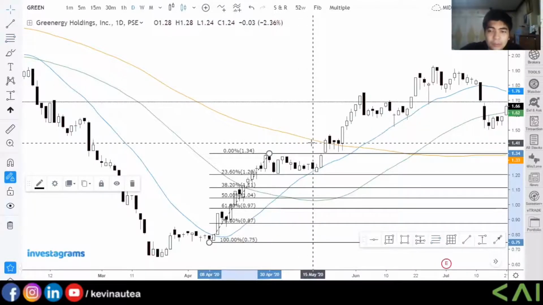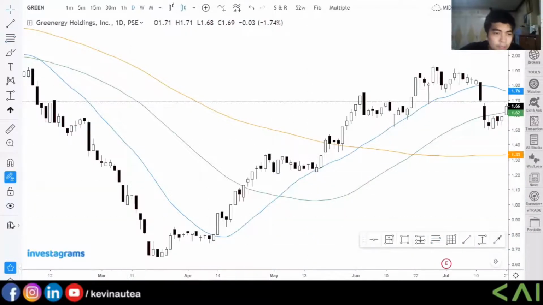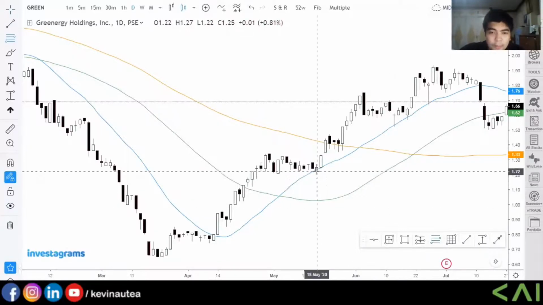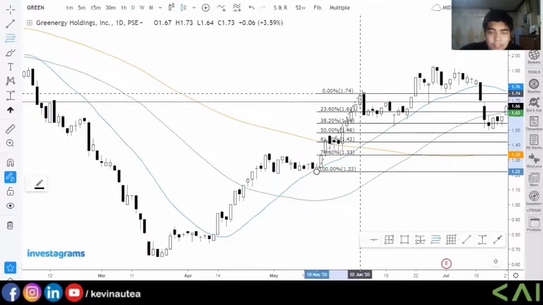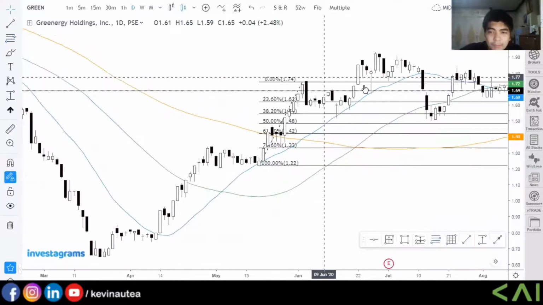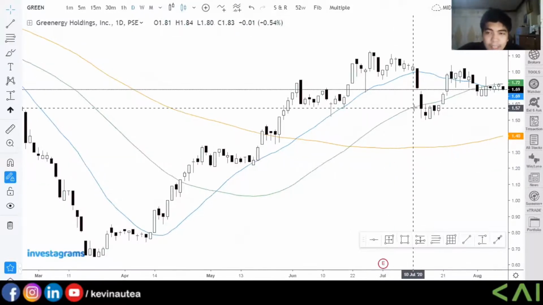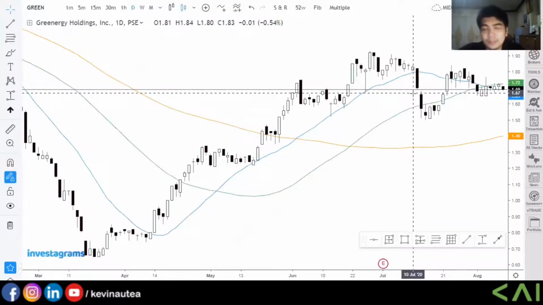You can use those areas to set your buying point here. Then if it breaks out from the 20 MA, that's the time that you're going to sell. So that's your TP area.